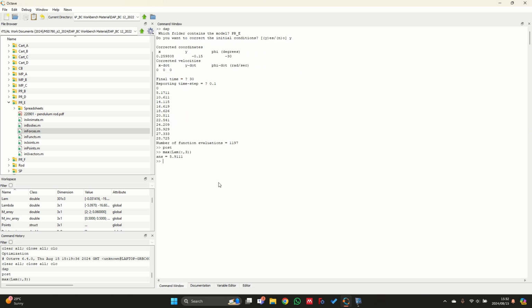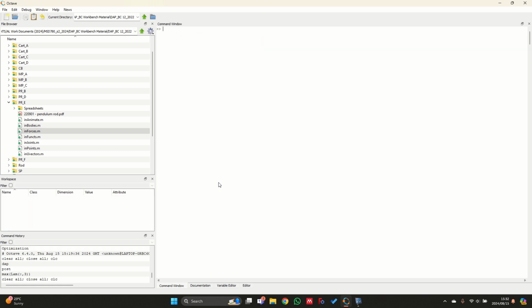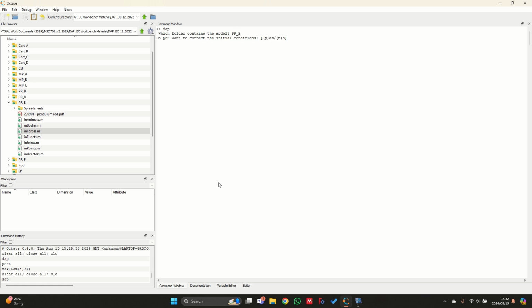If I now go back, I can just say clear all, close all, just to make sure that I'm working with a blank workspace. And then I'm going to type in DAP. The model is once again PR_E. I once again want to correct the initial conditions. I can see that my X and Y coordinates are still correct, and the initial degrees is also -30, so that's also correct.